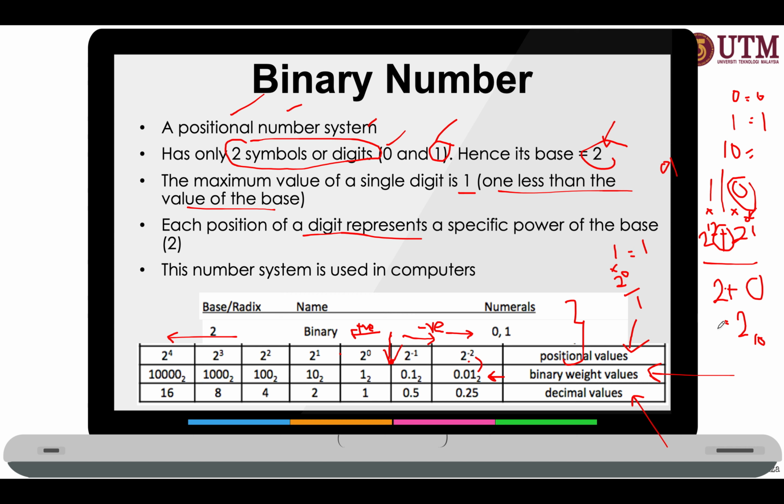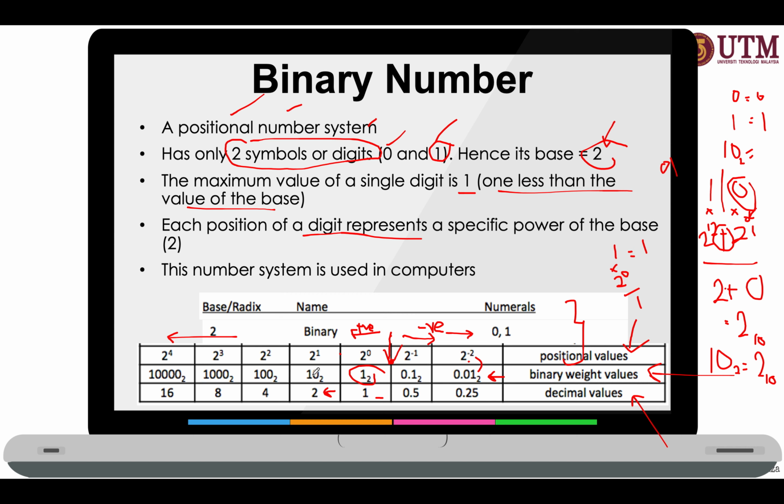So if let's say you have 10 over here, it should be binary, you will get 2 for the decimal, or also base 10. Same goes to over here. You can see if you have 1 for your binary, you get 1 for decimal.